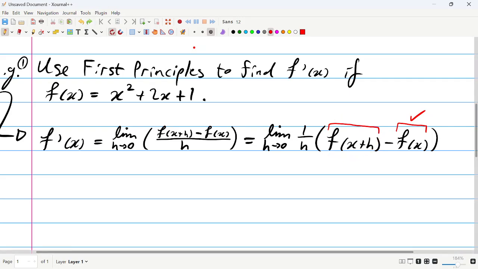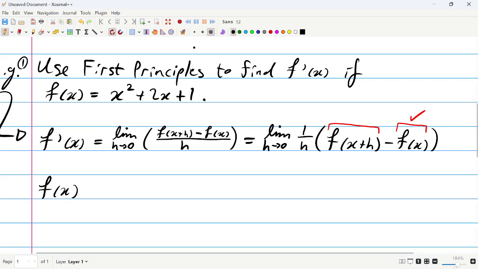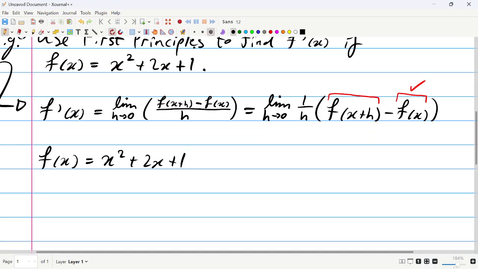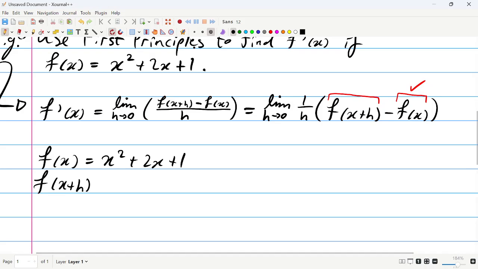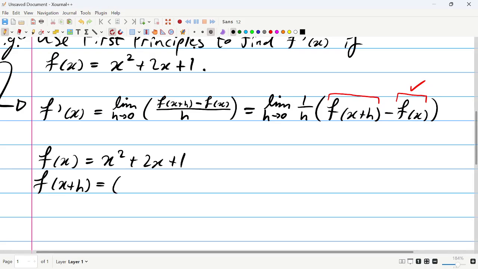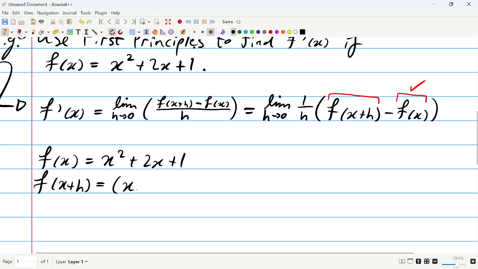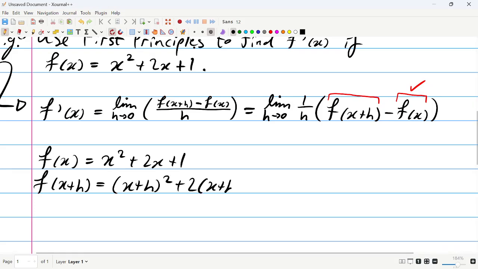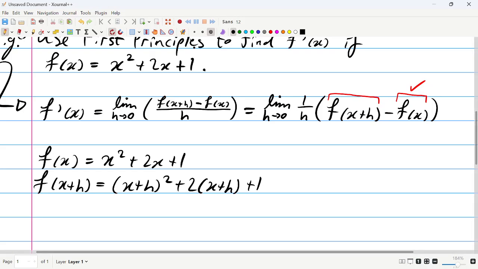So first things first, f of x we know is equal to x squared plus 2x plus 1. But we need to find f of x plus h. So f of x plus h is just equal to, we replace all x with x plus h. So it's x plus h raised to the power of 2 plus 2 into x plus h plus 1. Okay. And then there we go.